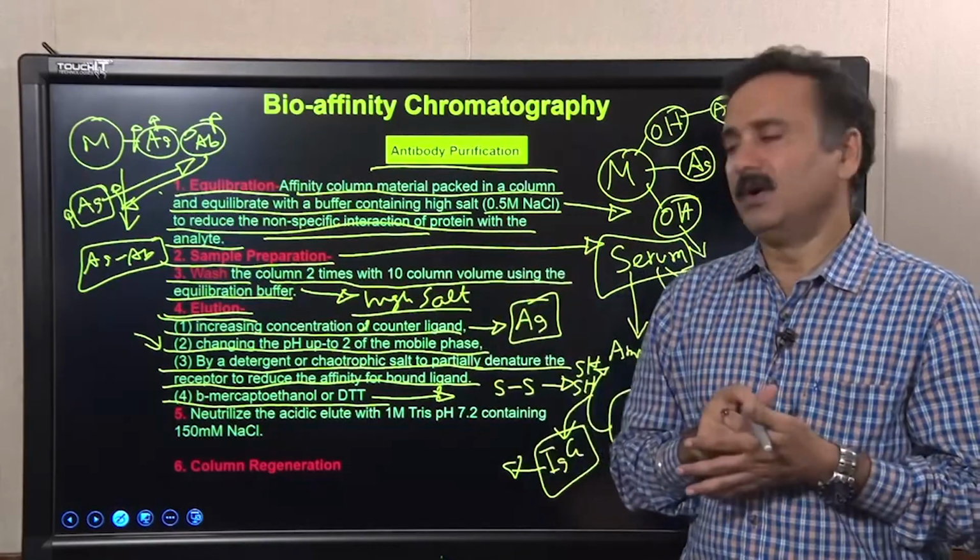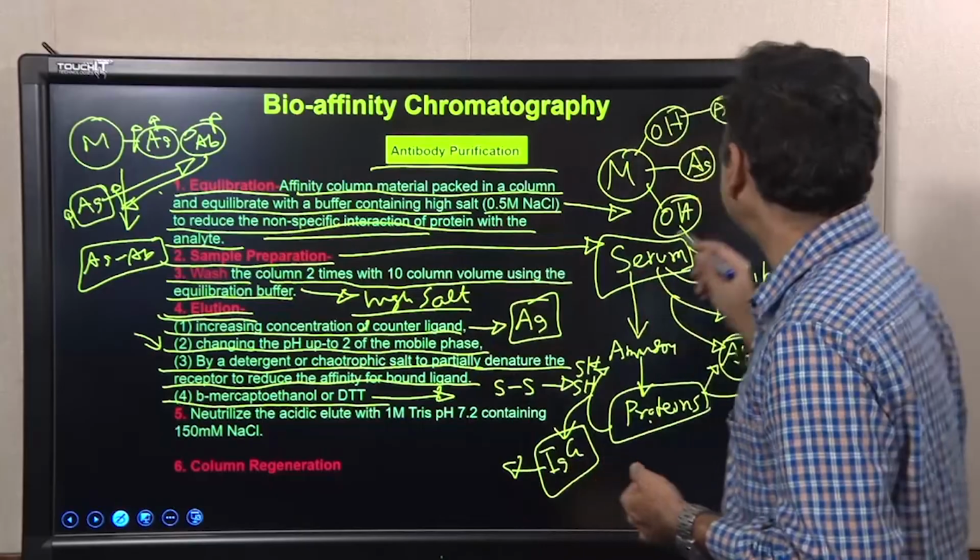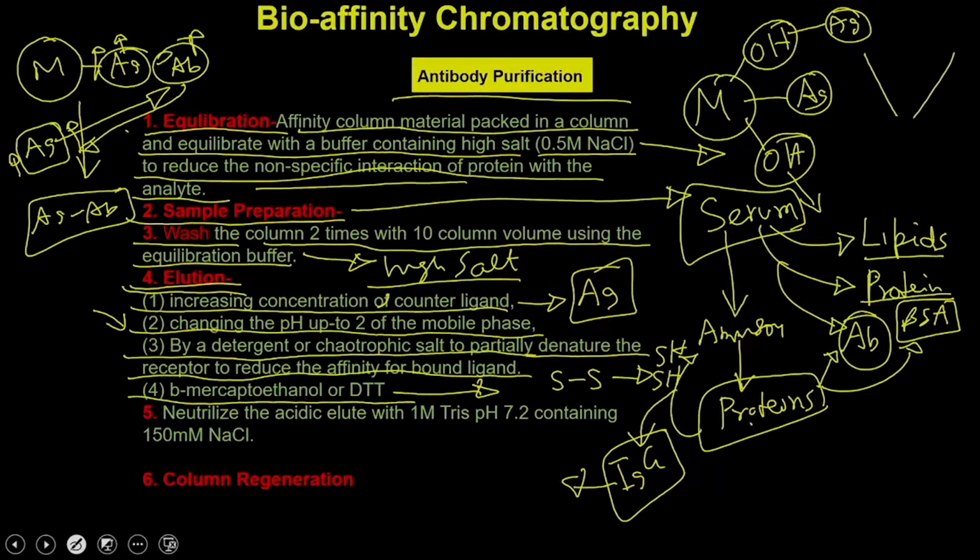sulfhydryl groups. So, you know that the antibody structure is being maintained by multiple disulfide linkages between the light or the heavy chain, and even the complete antibody structure is going to be stabilized by the multiple disulfide linkages.